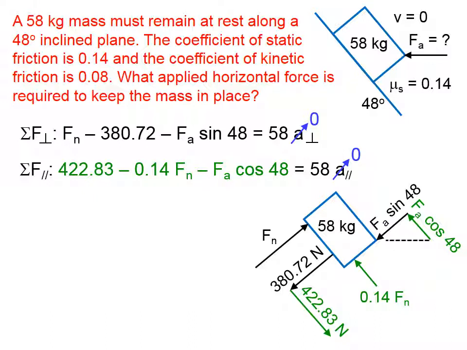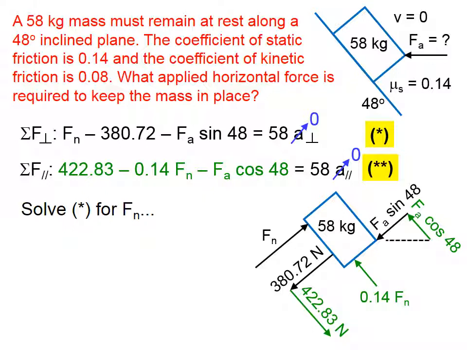So what we have here is what's called a system of equations, where we have two equations that are independent of each other and two unknowns. There are any number of ways that you might solve this, but the way that I'm going to walk you through is to solve one of the equations for one of the variables and then plug that in to the other equation.